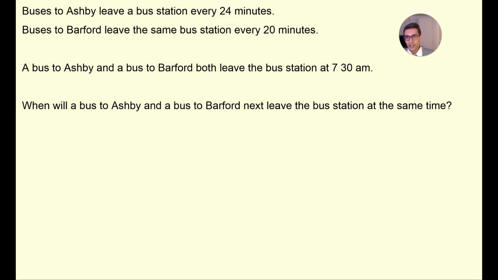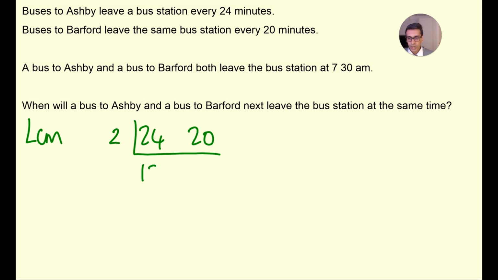Okay, so essentially what we want to do is work out the lowest common multiple of 24 and 20. And then we need to add this time to 7:30, because 7:30 is when they meet first. So let's work this out. So we can divide both of these by 2 to get 12 and 10. We can divide both of these by 2 again to get 6 and 5.